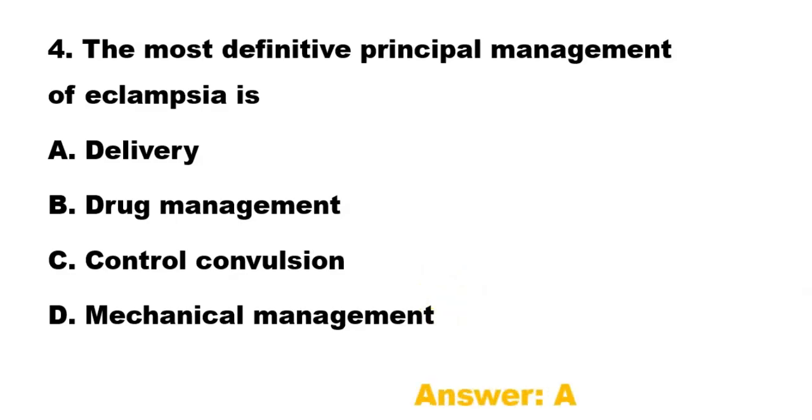If you said A, you have got it, because the definitive management of eclampsia is delivery, as it removes the source of the condition. The drug management and convulsion control are supportive measures, but not the curative management for eclampsia.